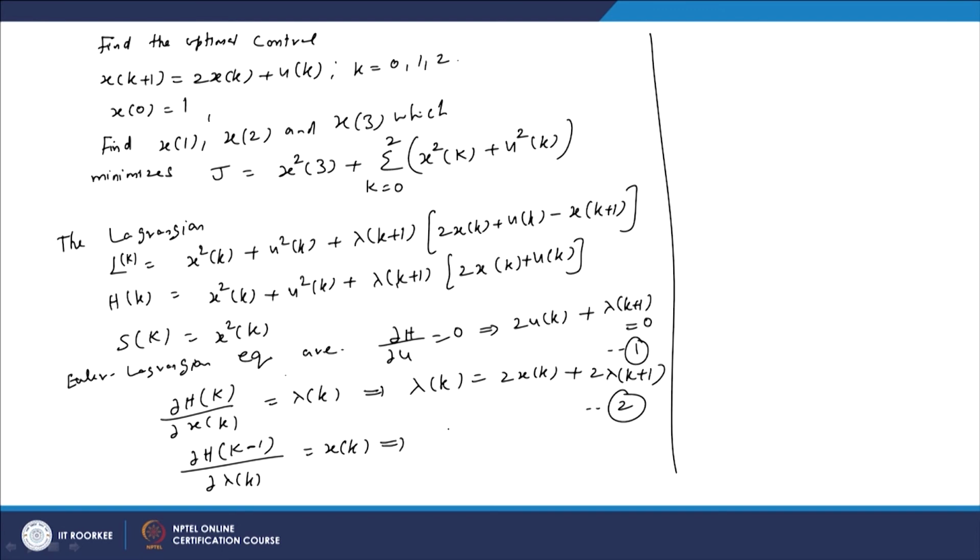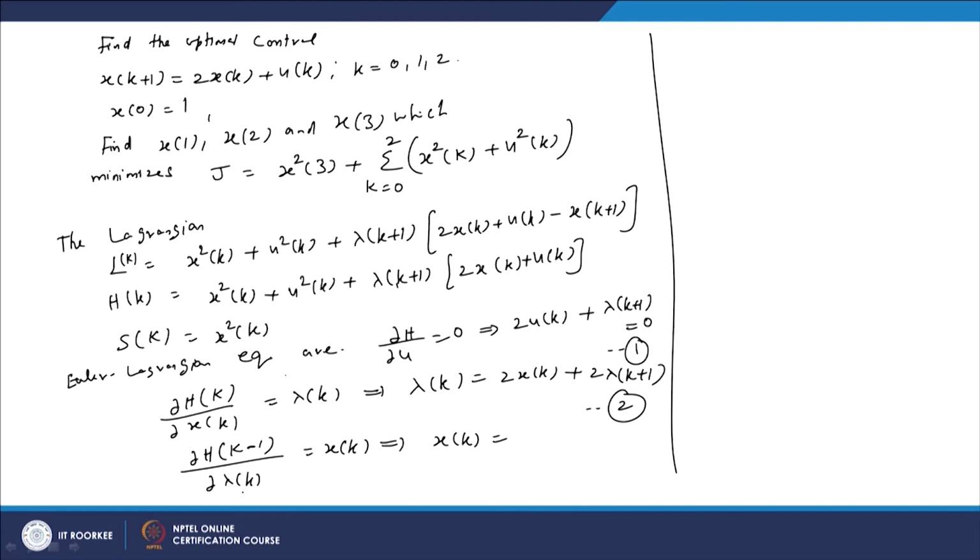This implies x of k equal to, so when we write h k minus 1 everywhere, when we write k minus 1, we will get here lambda into k, and the remaining things are 2 x k minus 1 plus u k minus 1.